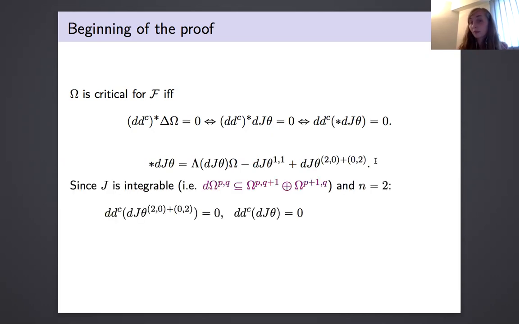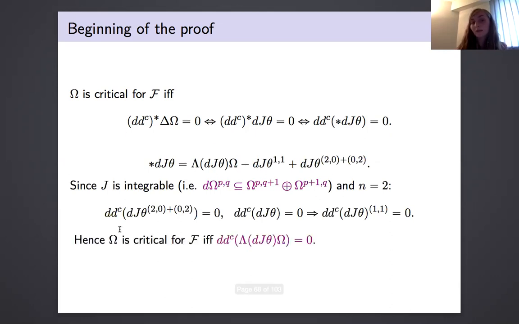And furthermore, we have to apply d^c to this quantity. But as the complex dimension is 2, d^c of d_G theta has to vanish, and this implies that also the (1,1) part is d^c-closed. So all that is left here is only this part. So we find that omega is critical for F in complex dimension 2 when this equation is satisfied.